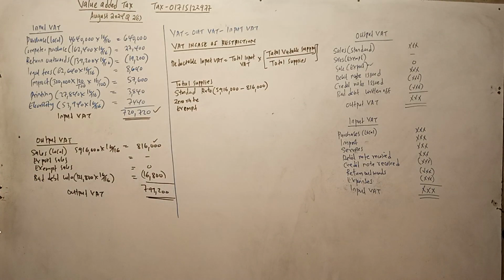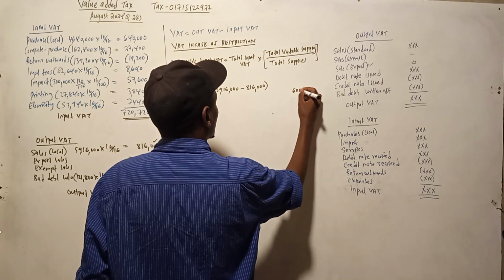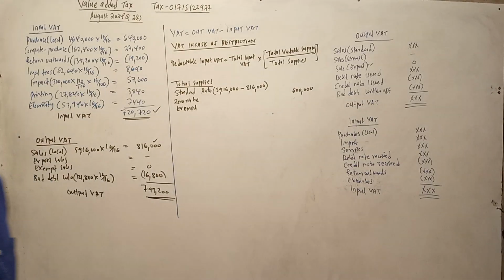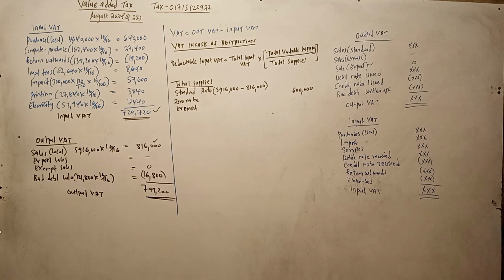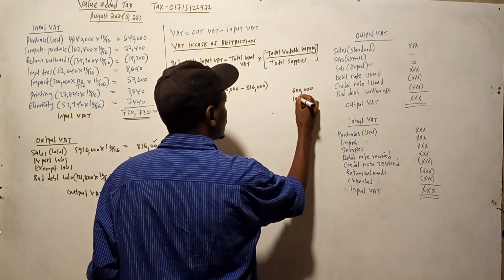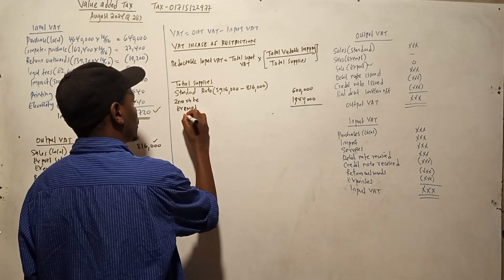I have zero rated. Now zero rated, it was 600,000. I think that is in the question. Zero rated, let me confirm. Yes, and then we have exempt 1840,000. So that you get the total supplies.